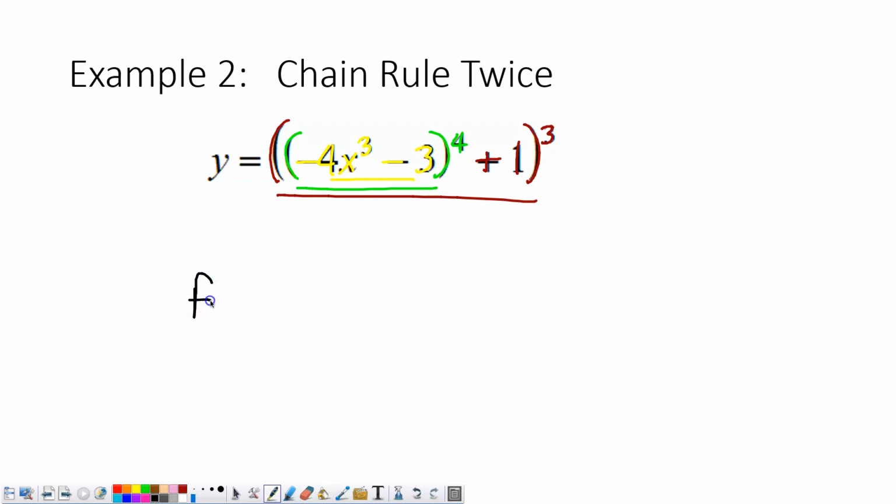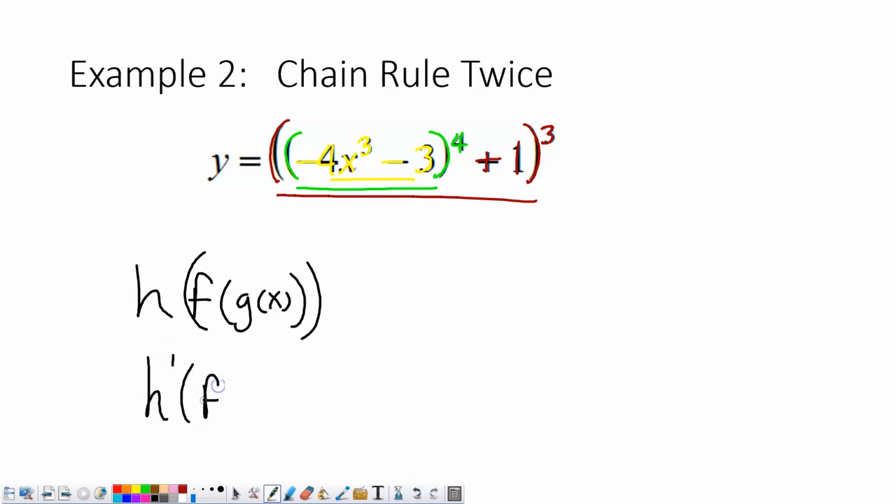So we looked at problems like this yesterday, or last class I should say, but today we're looking at problems like this. We have a function inside of a function inside of a function. It's a 3-level function there. So here's how the chain rule works. You do the derivative of the shell. Don't change anything else.